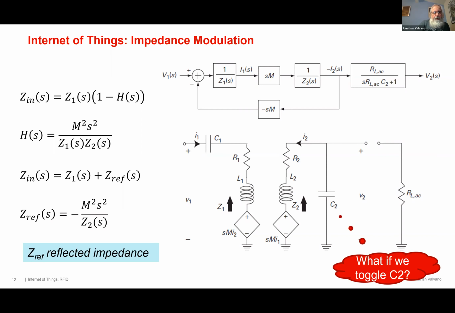Okay. So this is the thing I got all excited about a couple of slides ago about the arrow going from right to left. Now we can actually give it a name. We're going to call it the reflected impedance, ZREF, which is going to be a function of the Z2 impedance. So you see there's an impedance in Z1 or Zn.